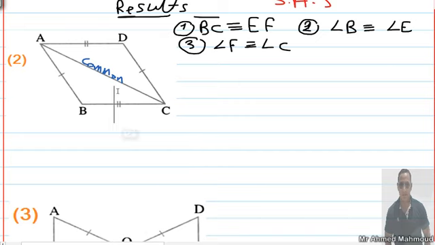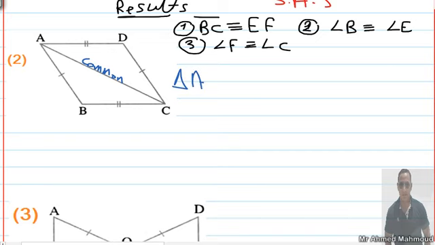If they have a common side, this represents a third side. The two triangles are congruent because side AD and side BC are equal. This is S, DC and AB is another S, and AC is the third S, a common side. Then we have SSS.